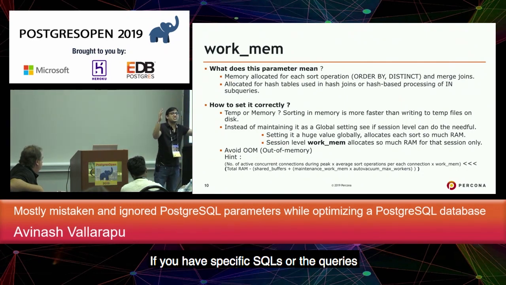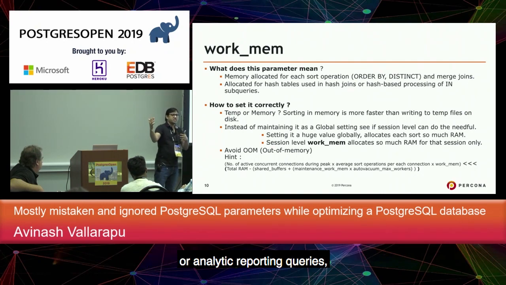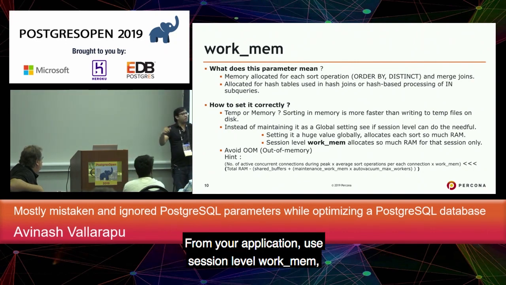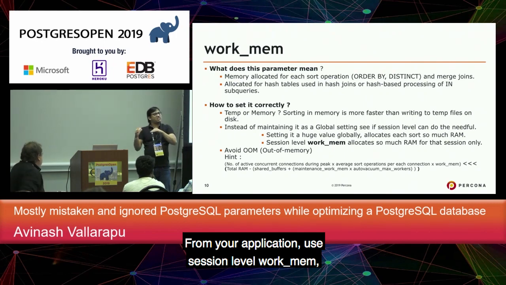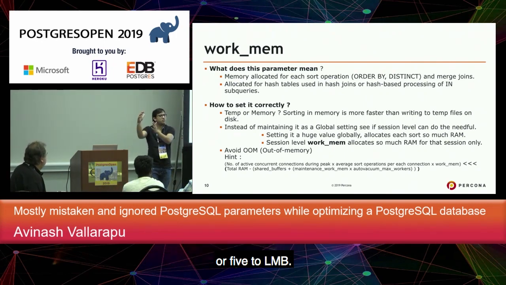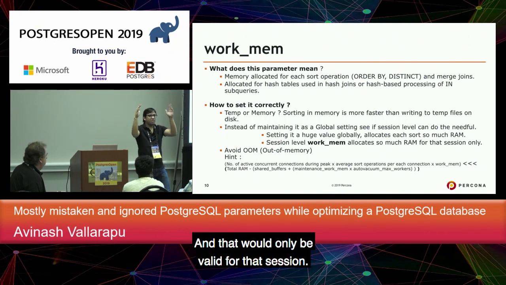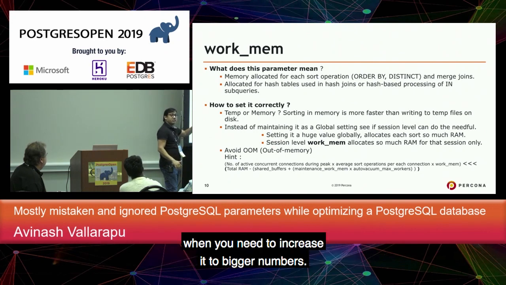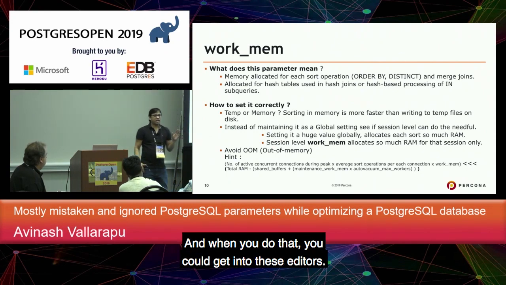If you have specific SQLs or analytic reporting queries which need more work_mem, use session-level work_mem instead. From your application, use session-level work_mem, which is just like SET work_mem to 1 GB or 512 MB, and that would only be valid for that session. Do not increase work_mem globally when you need bigger numbers, and when you do that, you could get into these errors.